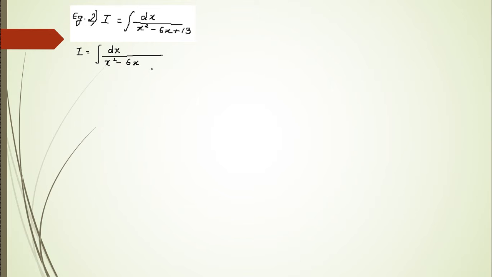Now the coefficient of x is 6, so I have to take 1 by 2 the coefficient of x whole square. We have to plus and minus that. So now this will give me plus 6 by 2 whole square minus 6 by 2 whole square plus 13.